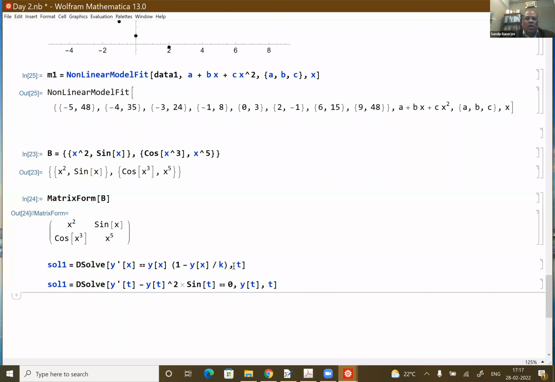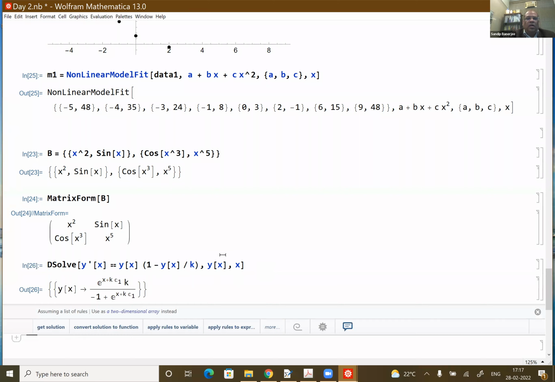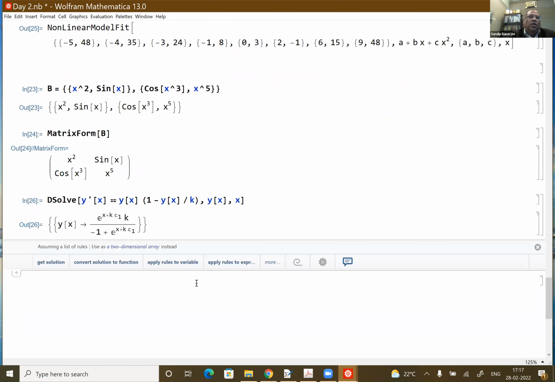And then you have y of x, x. This, if you try to solve by hand, you will be able to. But last time I checked. Okay, Mathematica 13 solves it.